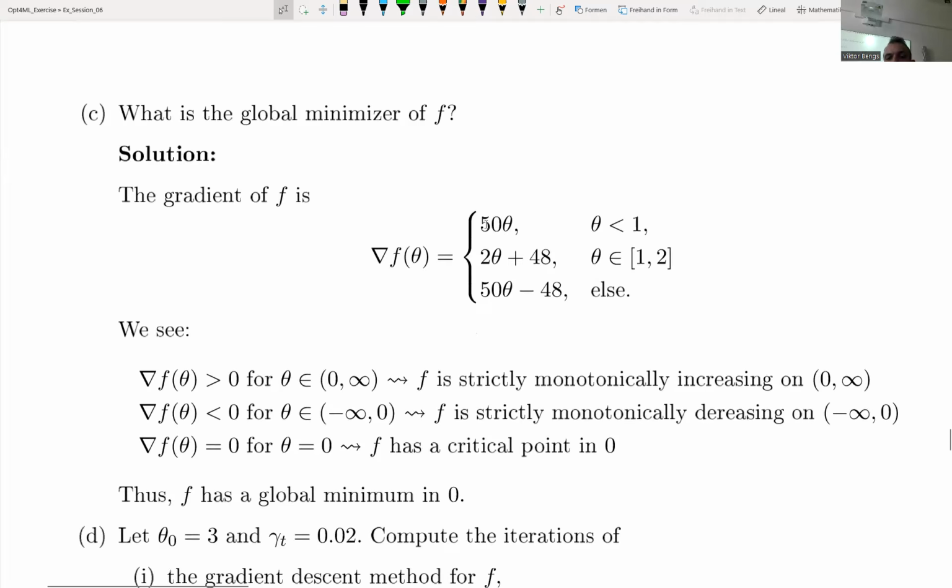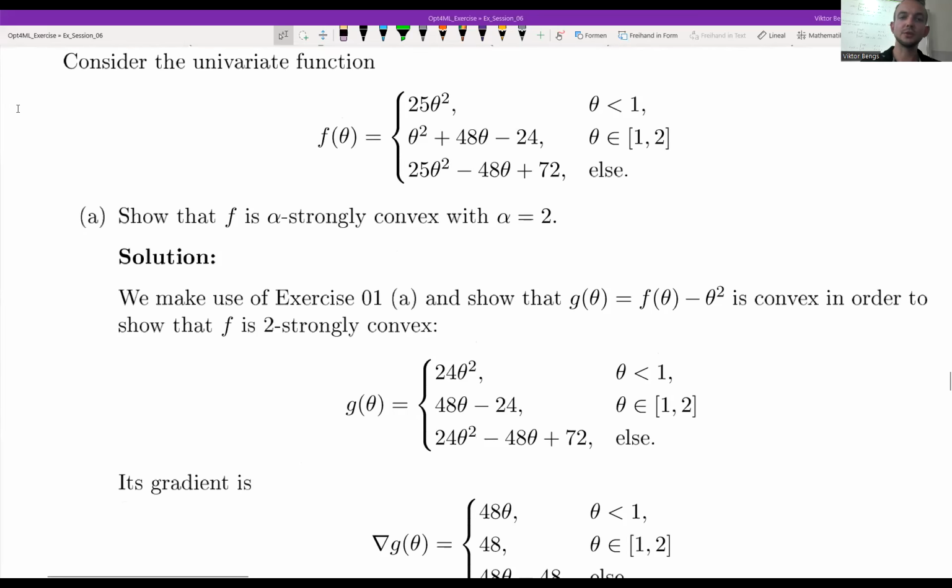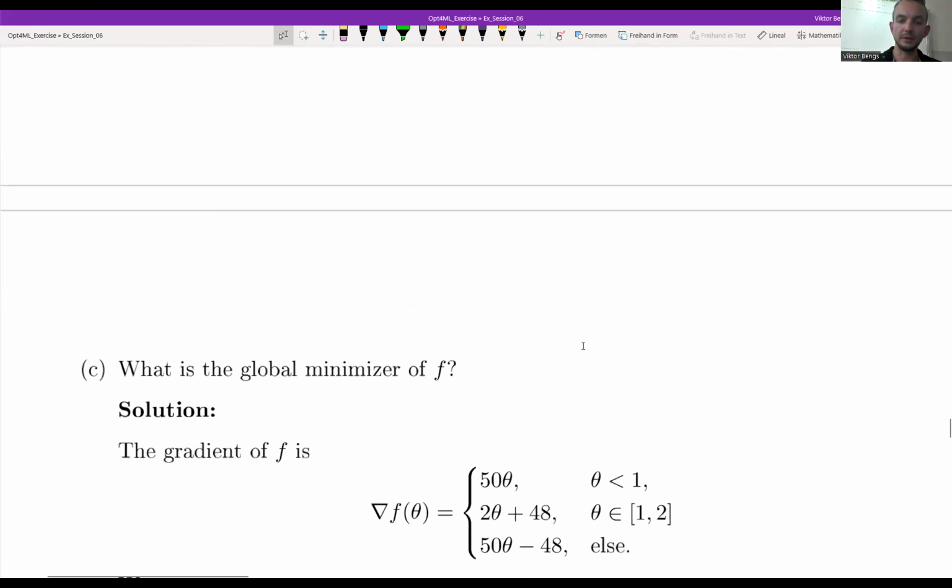I should have copied it somewhere, just to make sure that I haven't made some sign error or something like that. Yeah, this is why I want to have it here.